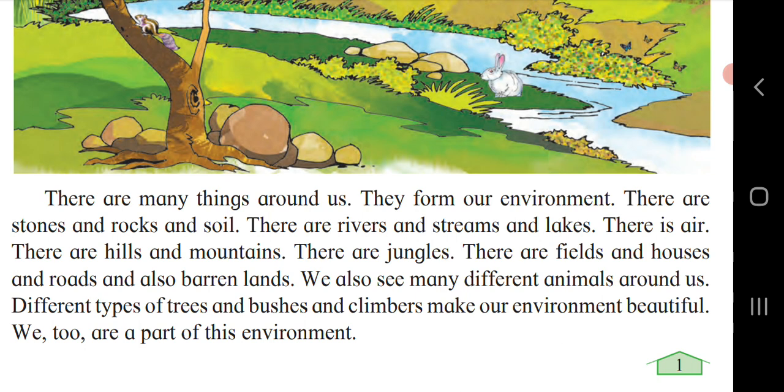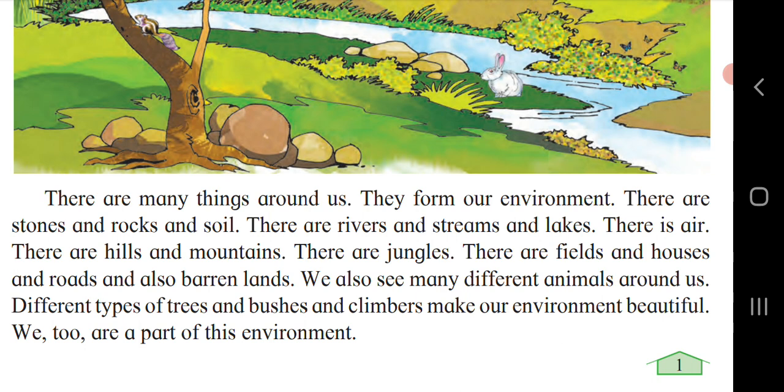It means that environment is created when all these things are surrounded to us: stones, rocks, soil, rivers, streams, lakes, air, hills, mountains, jungles, different settlements, animals, different bushes, climber trees, flowers, and other things, natural and man-made, creating our environment.